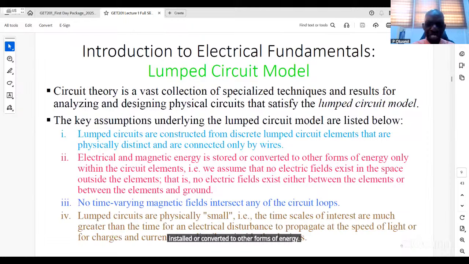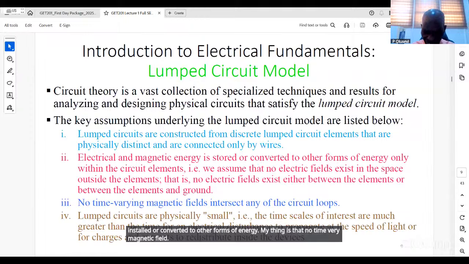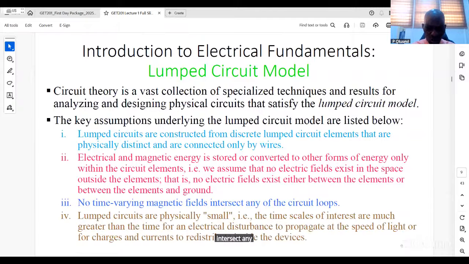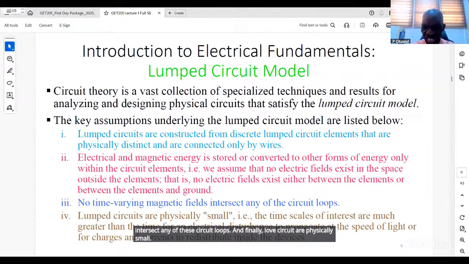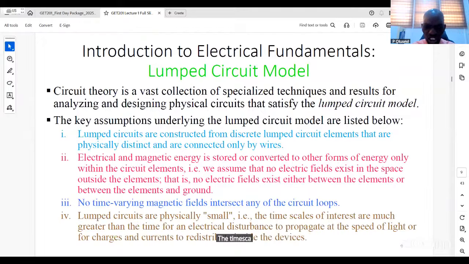Number three, no time-varying magnetic field intersects any of these circuit loops. And finally, lumped circuits are physically small. The time scale of interest is much greater than the time for an electrical disturbance. I'll give you 2 minutes to write this in your note because I need your note.